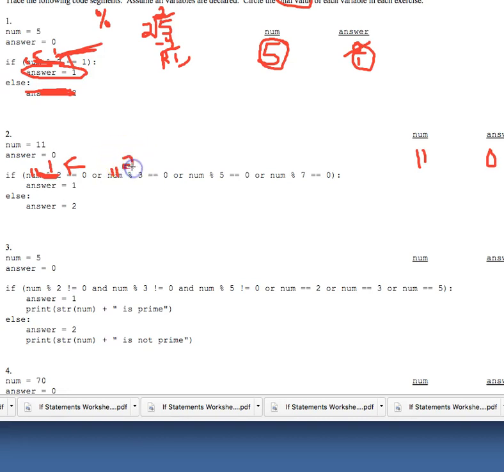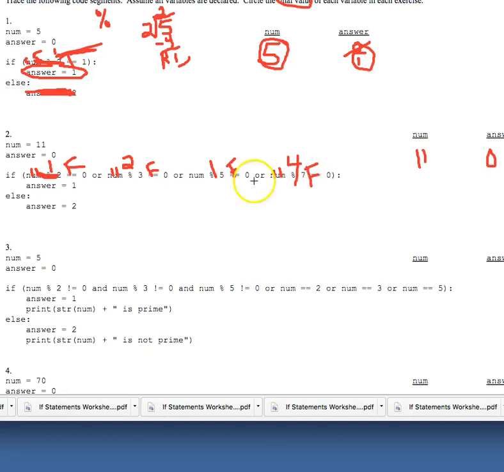I can do that in my head. It's 2. 11 divided by 3 has a remainder of 2. 2 is not equal to 0, so this is false. And 11 divided by 5 has a remainder of 1. That's not equal to 0, so that's false. And finally, 11 divided by 7 yields a remainder of 4, and 4 is not equal to 0. So what the heck?